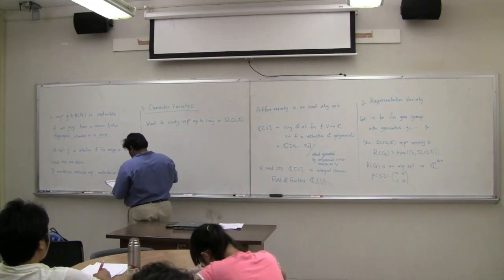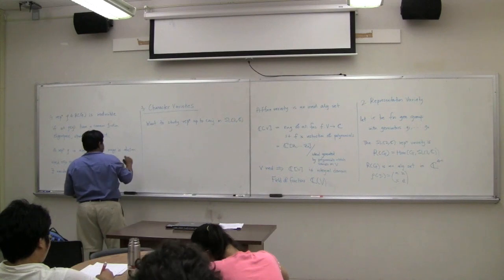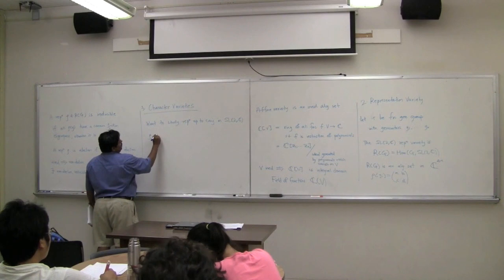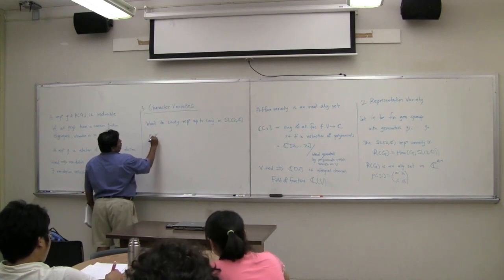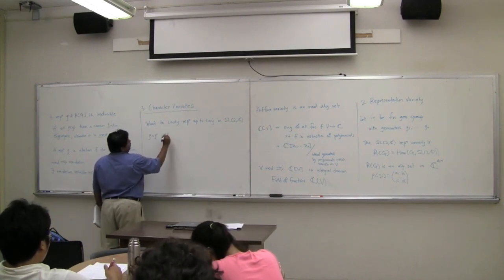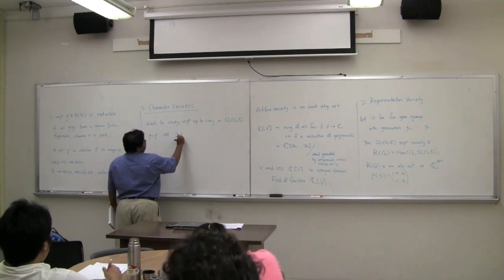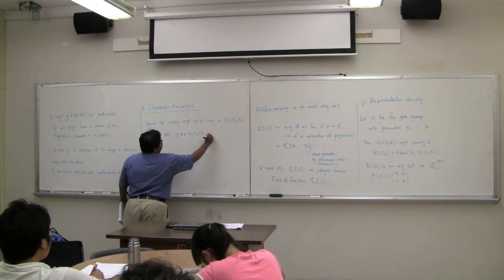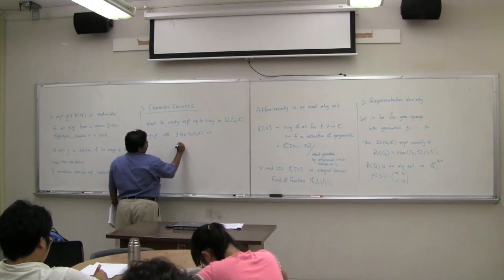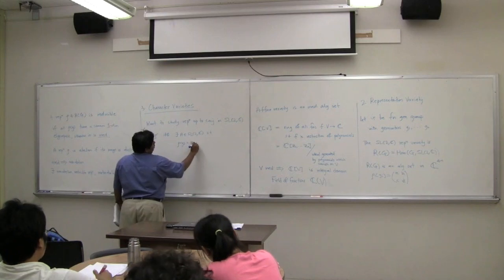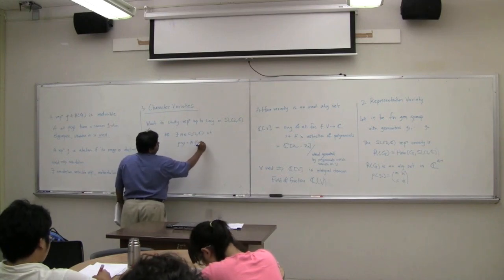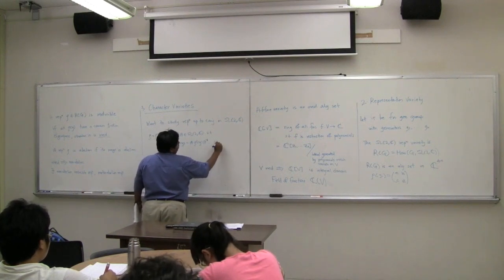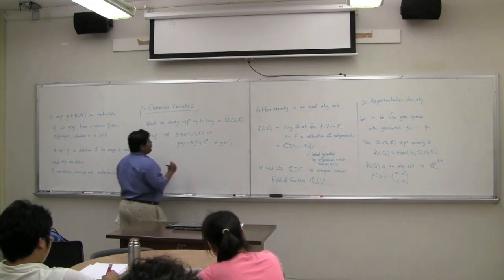So rho is equivalent to rho prime if and only if there exists a matrix C such that rho of g is C rho prime of g C inverse for all g in G. So that's what we mean.